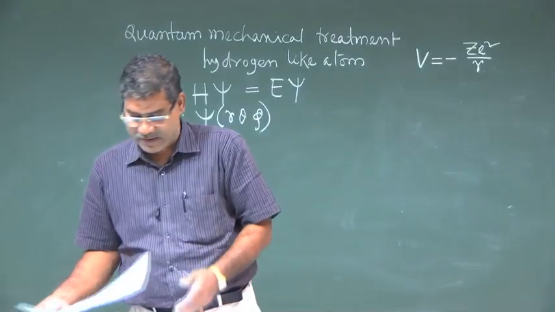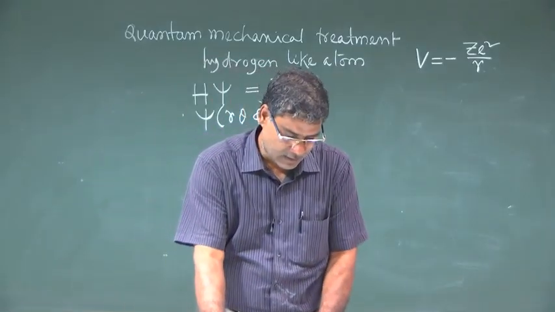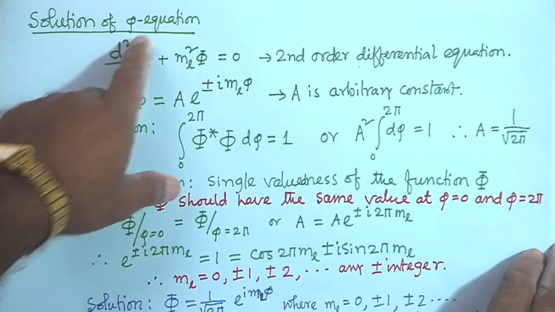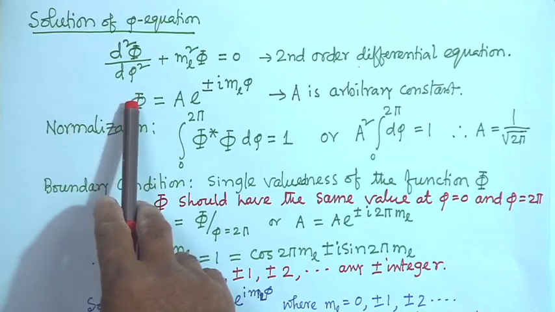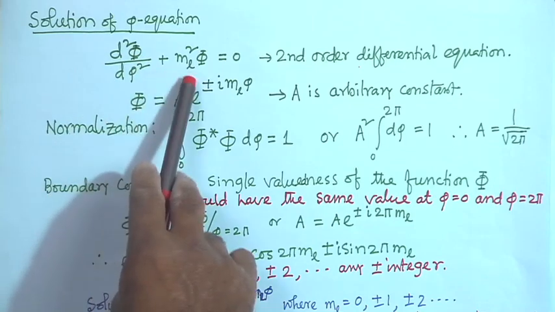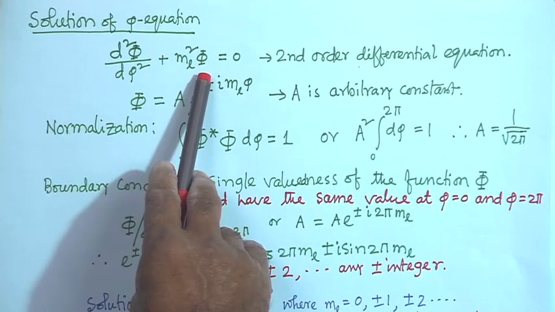So, let us find out the solution for the phi equation. That equation was d 2 phi by d phi square plus m l square phi equal to 0.